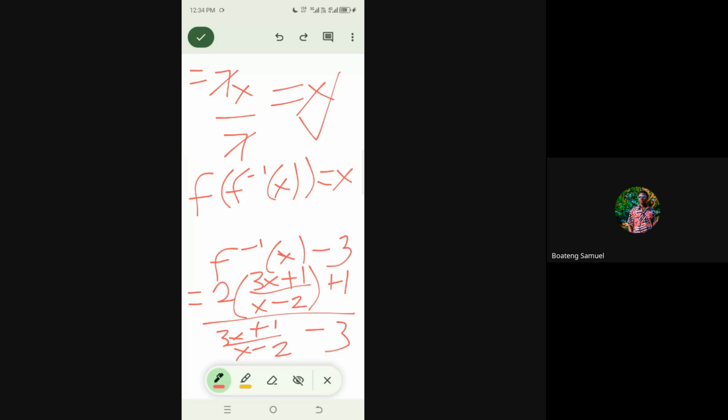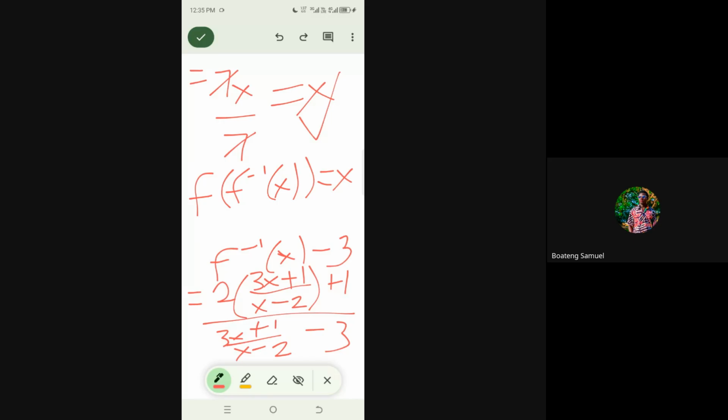But if you solve it and you don't get x, it implies that the inverse you have is not for that function. So you conclude that maybe g of x is not the inverse of f of x.